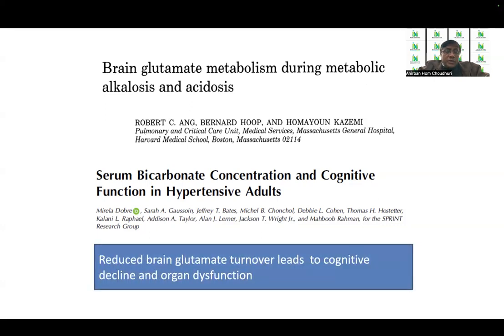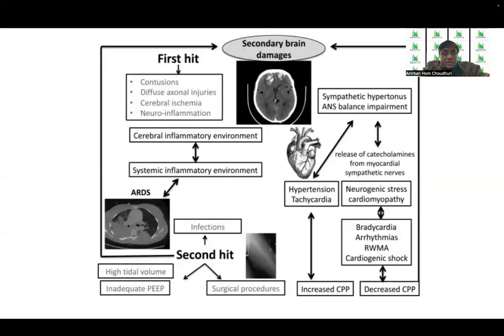Therefore, both reduced glutamate turnover leading to cognitive decline and organ dysfunction, as well as a rise in serum bicarbonate concentration leading to cognitive disturbances in hypertensive patients, make it very important to restore normalcy and keep the bicarbonate as near normal as possible, which can be done through ventilatory settings.